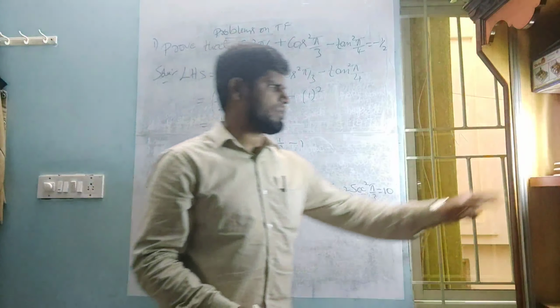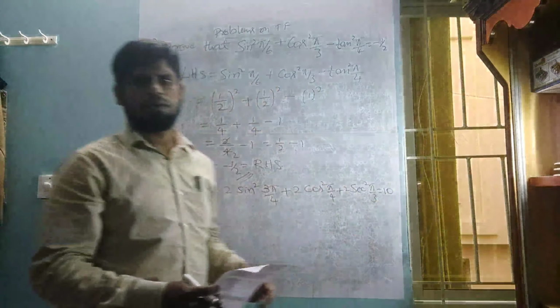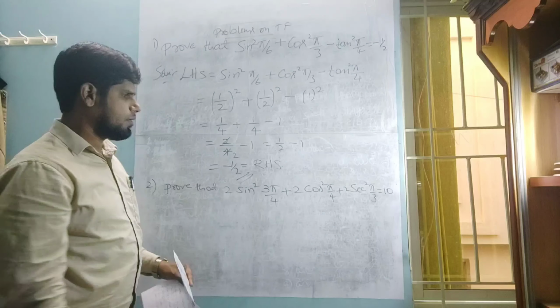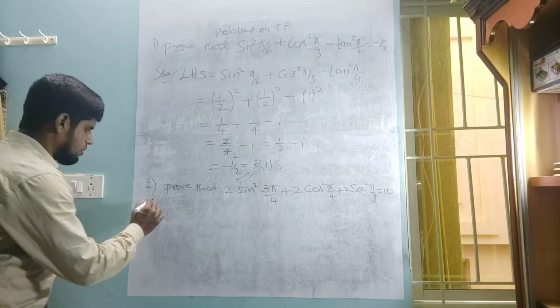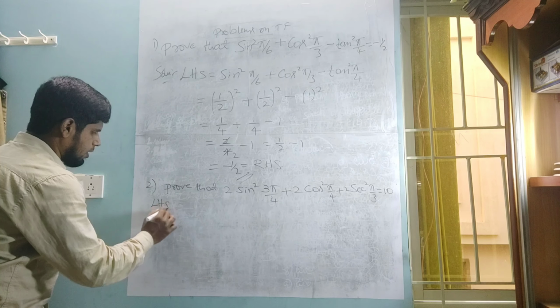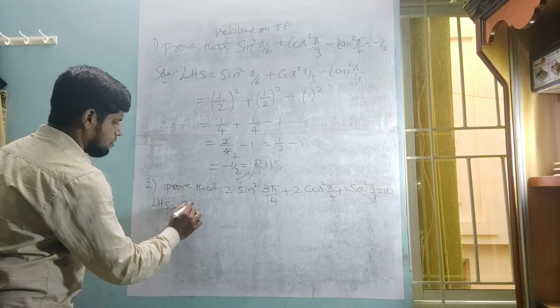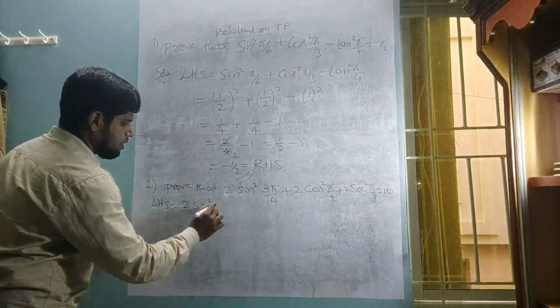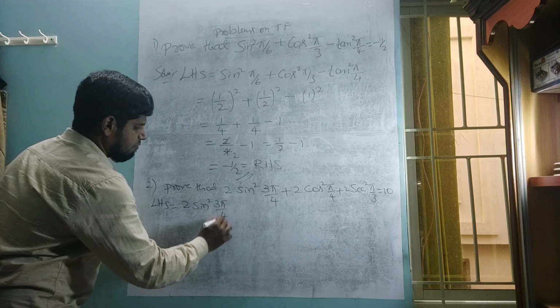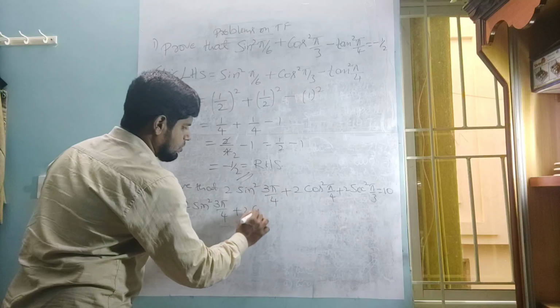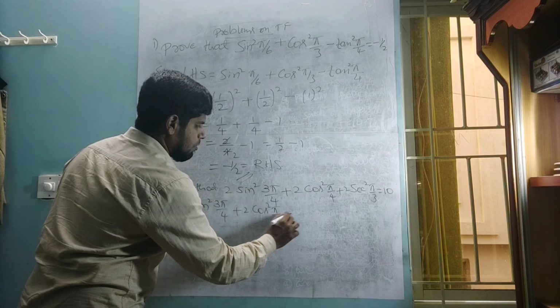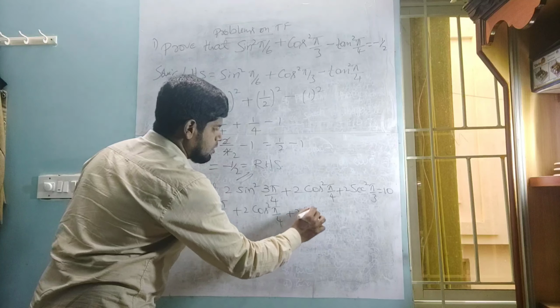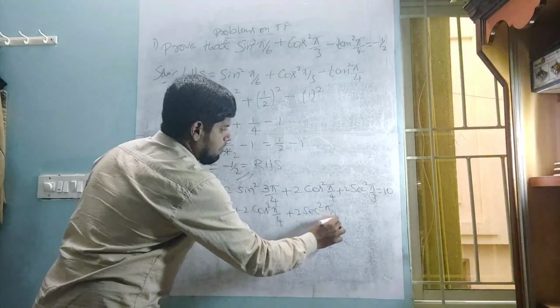So students, we should prove that it is equal to 10. So let us take LHS equal to 2 sine square 3 pi by 4 plus 2 cos square pi by 4 plus 2 secant square pi by 3.